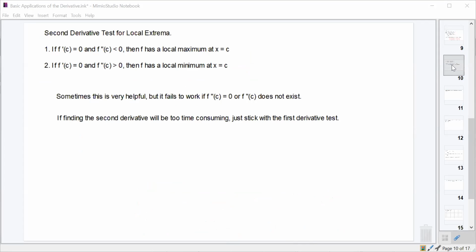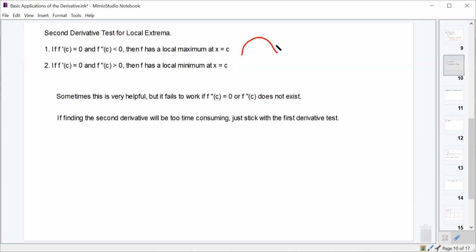And then we can also use a second derivative to determine if the function has a local max or a local min at a place where the derivative is equal to 0. So our second derivative test says that if f prime is 0 at some value c, and f double prime is negative, then f has a local max at c, which should make sense, because if f double prime is negative, that tells you that the function is concave down.